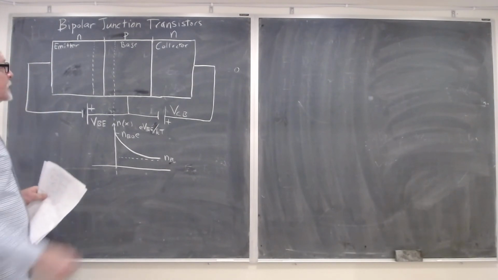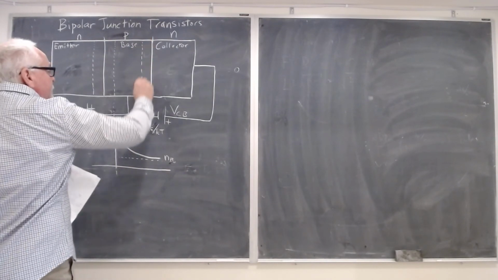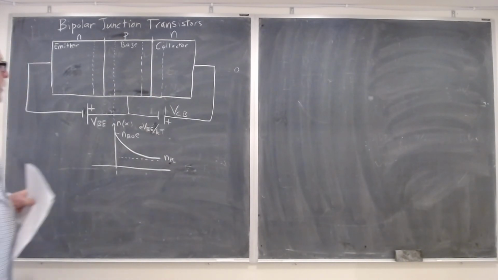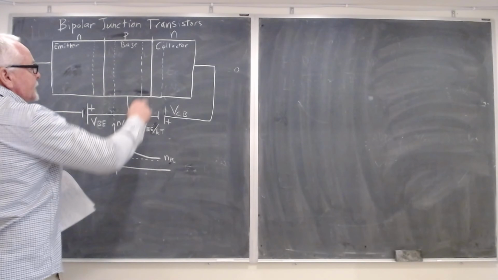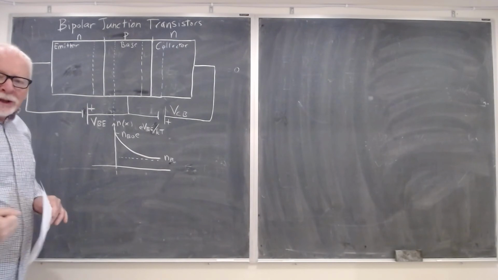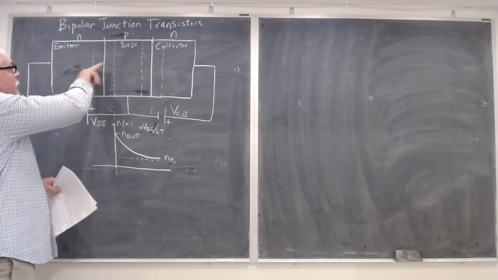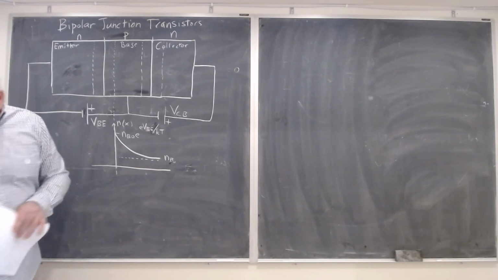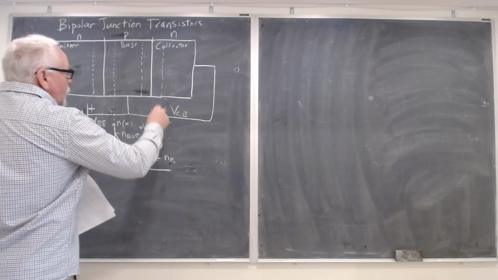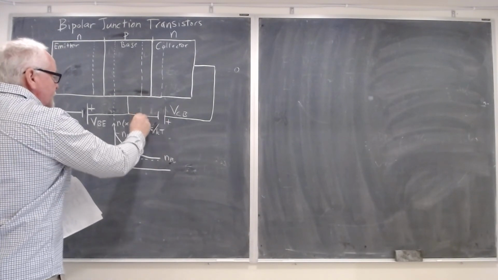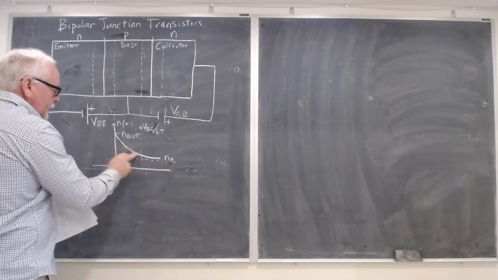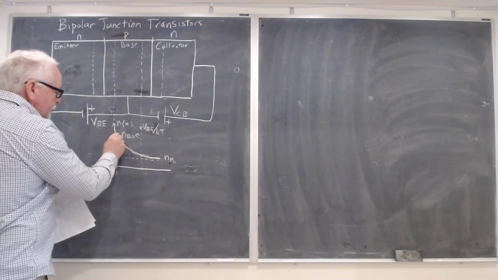All right, now, there's a junction here, so there's a depletion region. Since this junction is reverse biased, it acts like a vacuum cleaner for those electrons emitted into the base. So if I draw this down, it doesn't do this anymore, it does this.